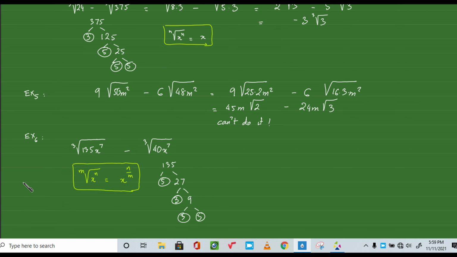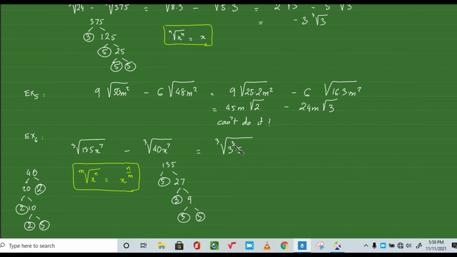And how about for 40? So 40 will be 2 times 20. 20 will be 2 times 10. 10 will be 2 times 5. So you have 2, 2, 2, 5. So this I can write as the cube root of 3 to the third power times 5.